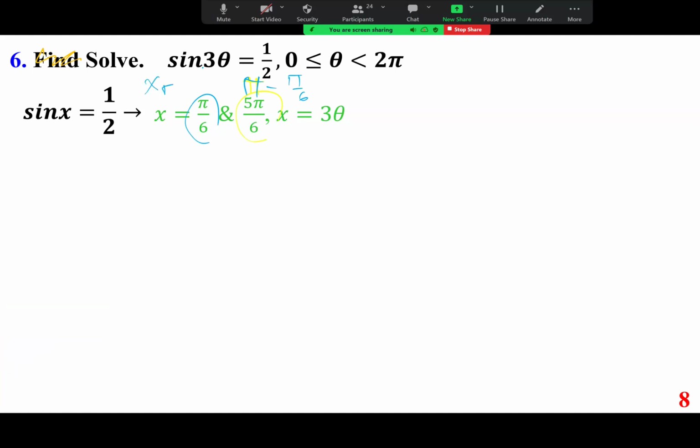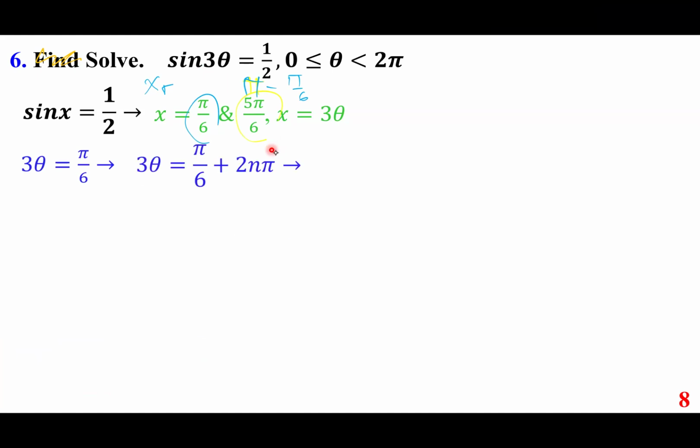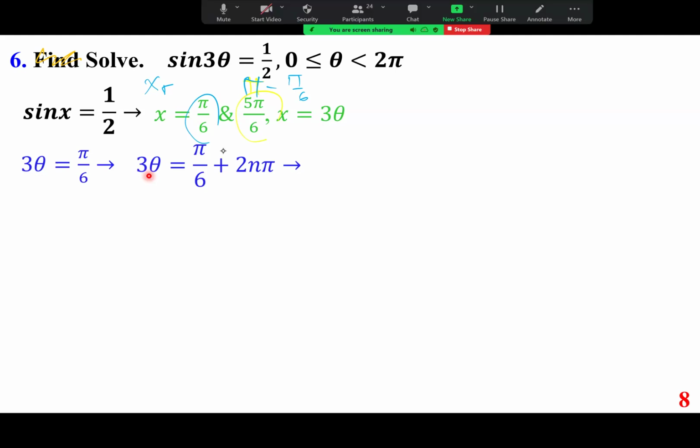And so x is 3 theta, and therefore we are going to write 3 theta is equal to those. So when it's pi over 6, we are going to write it plus 2n pi or 2k pi, which means you're going to divide by 3. This becomes pi over 6 times 3 is 18 plus 2n pi over 3. I hope you know how to divide by whole number. And so for 5 pi over 6, we do again add 2n pi.